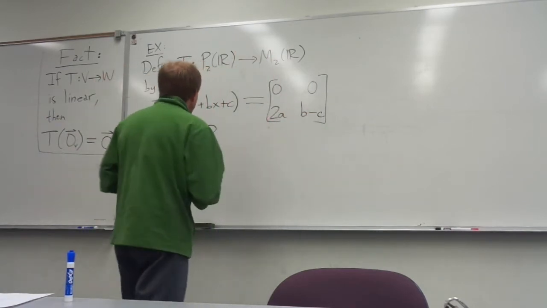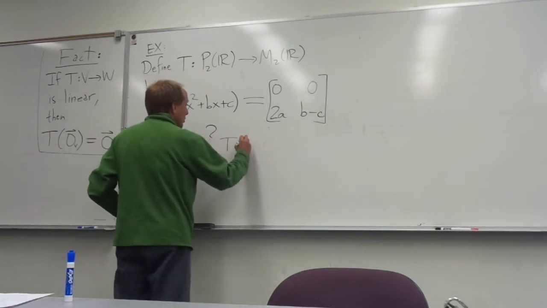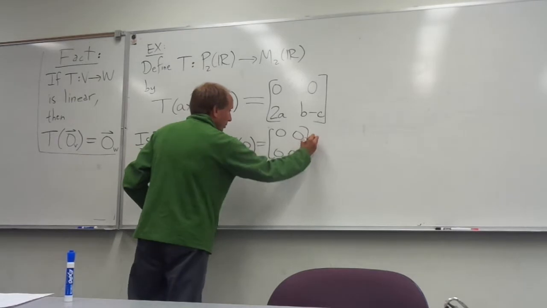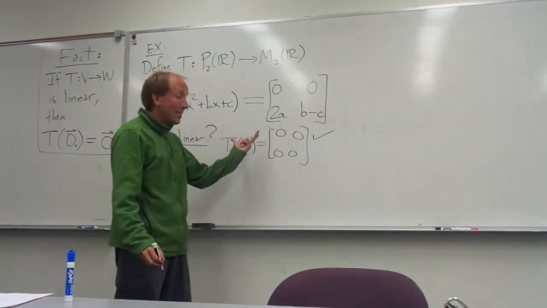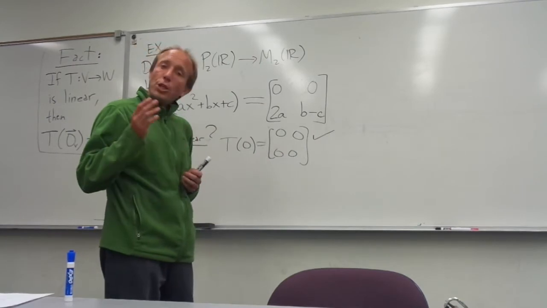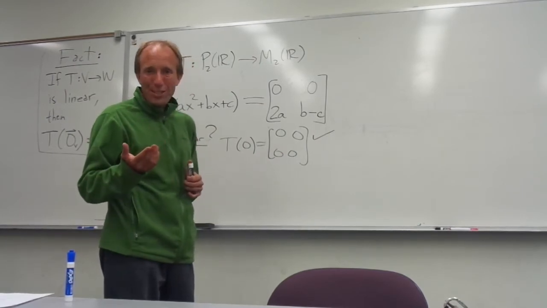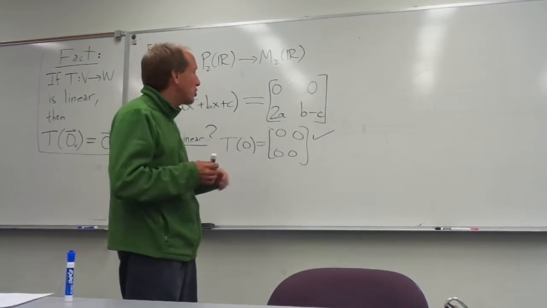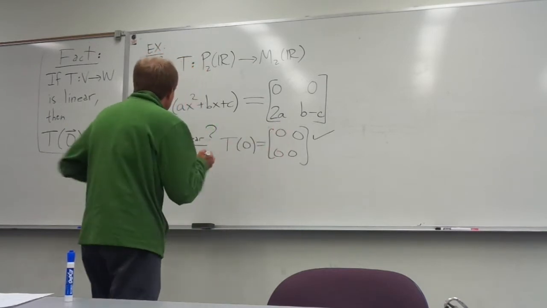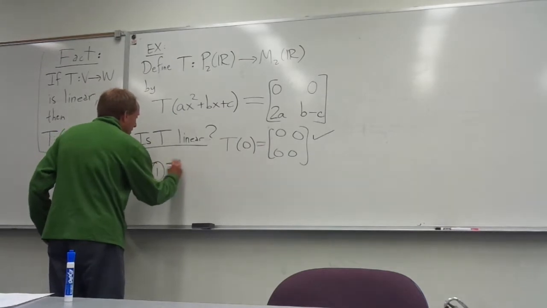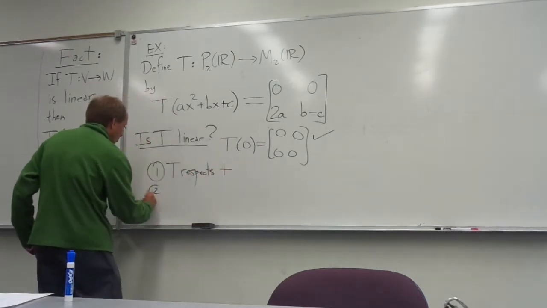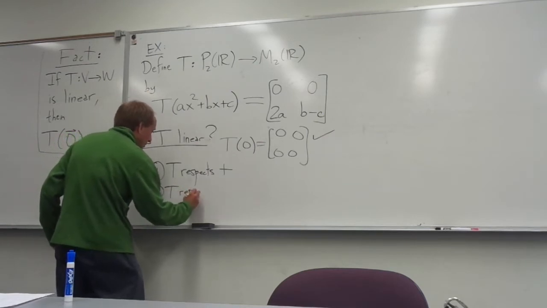But this time, if you check T of 0, you do get 0, 0, 0, 0. So that does check out correctly. Just because it checks out does not mean, of course, that T is linear. That's just a first level of check. You still, in this case, have to check that T respects addition, and that T respects scalar multiplication.